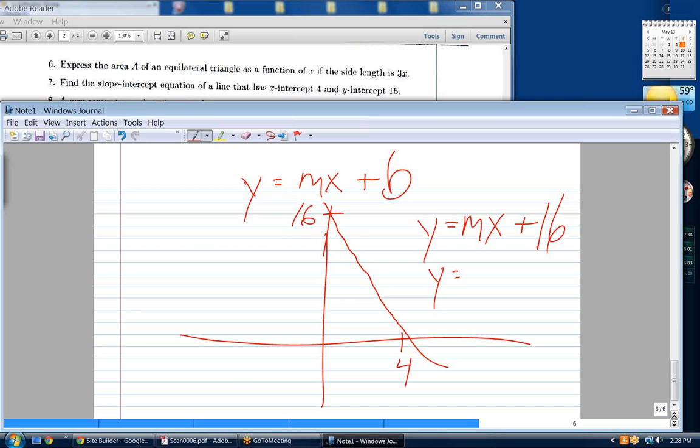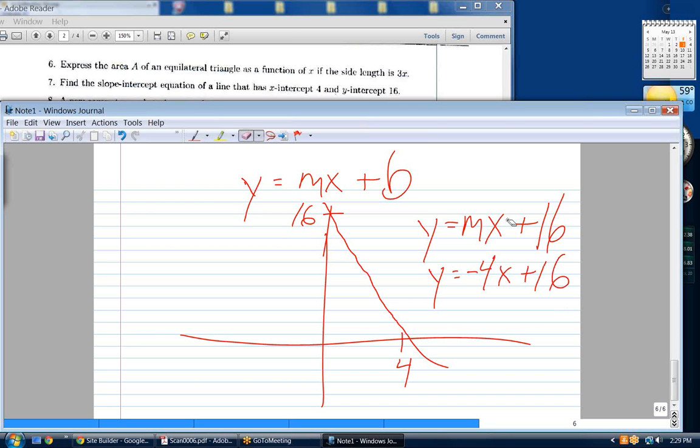Down 16 over 4. Okay, so that could be just 4. But look at the line. Is that positive or negative? That's negative, so it has to be negative 4.